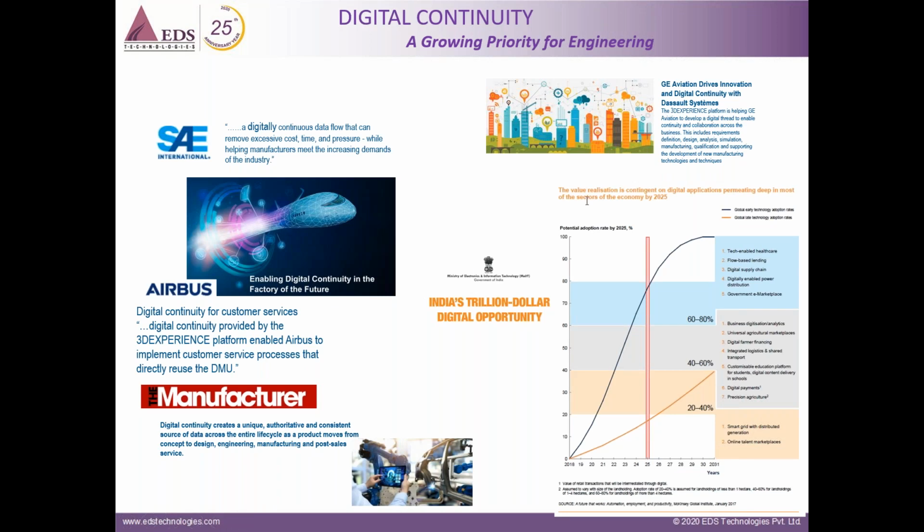So digital continuity is the most important keyword today. If you see any business for that sake, we are talking about digital consumer, digital transaction, or digital business, and digital connectivity. So for instance, I will always start with a simple example of a banking transaction. A banking transaction always happens digitally on your mobile app, and it takes hardly a few seconds to complete your transaction.